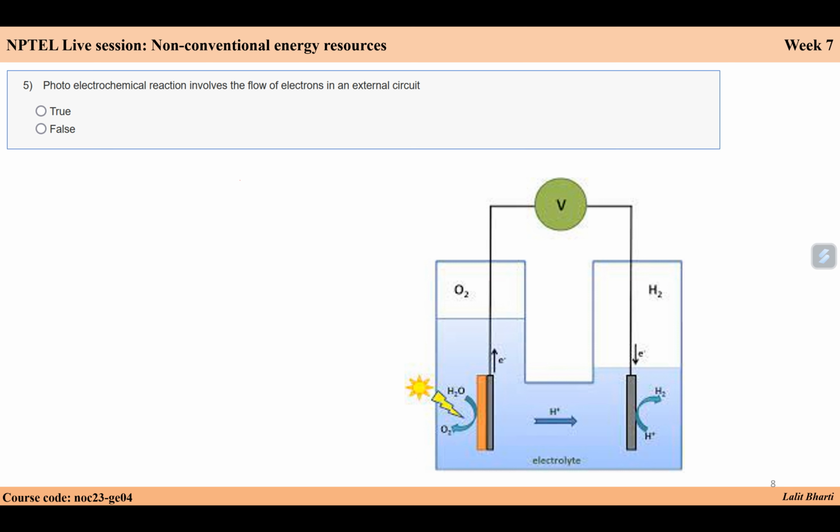Okay. So we'll see the next, fifth question. The photoelectrochemical reaction involves the flow of electrons in the external circuit. So this is shown as a photoelectrochemical cell.